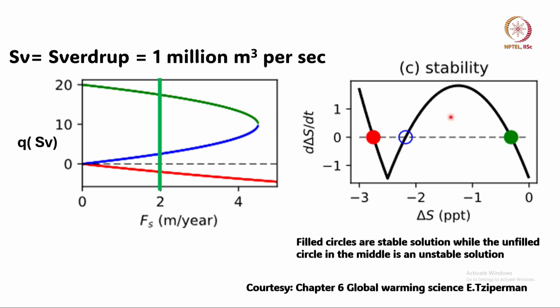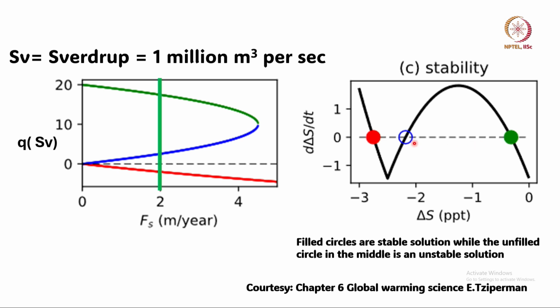You see that there are three solutions here, where d delta S/dt is 0, the steady state. Two are shown in solid and one shown in open. These two are stable, this is unstable.